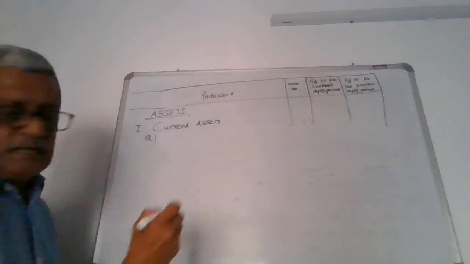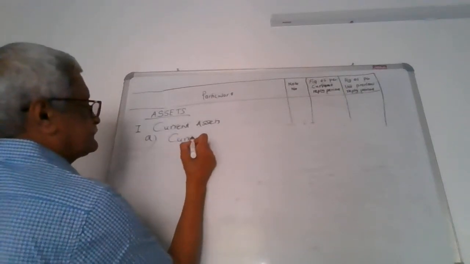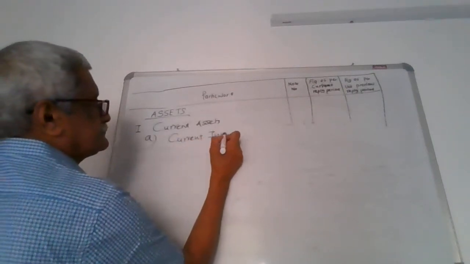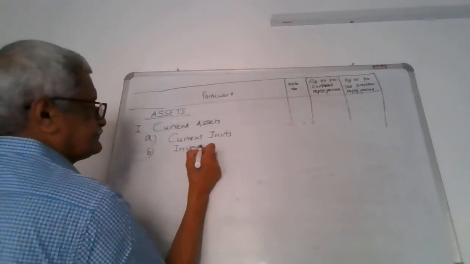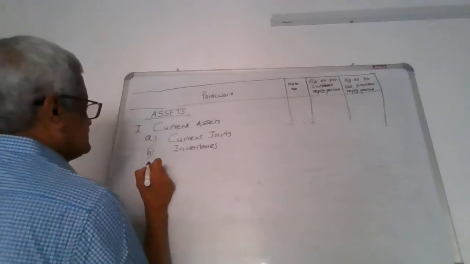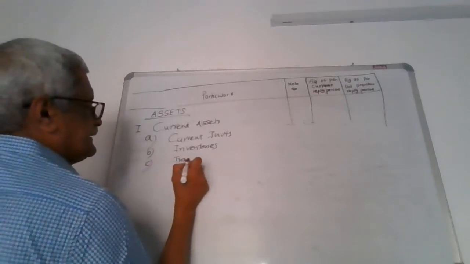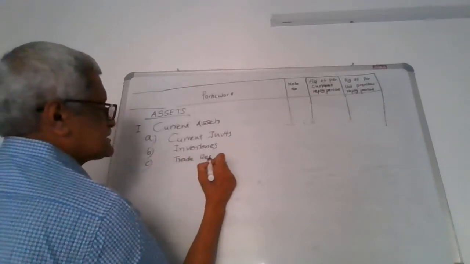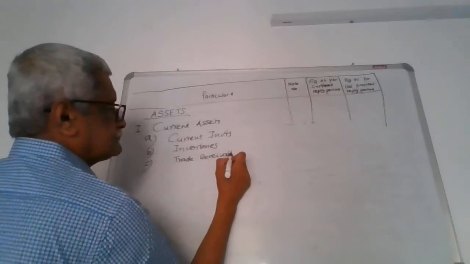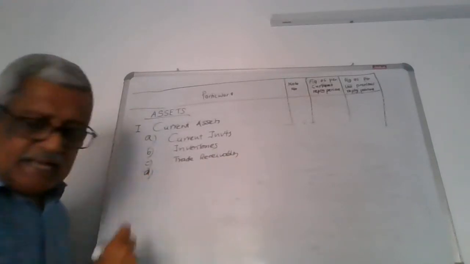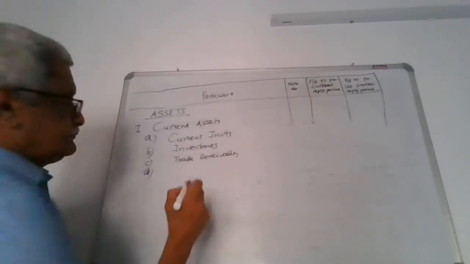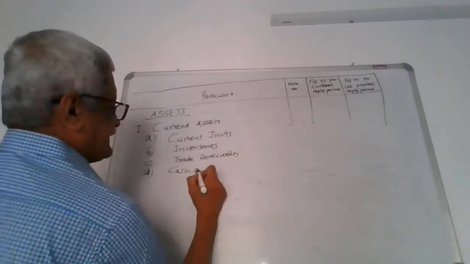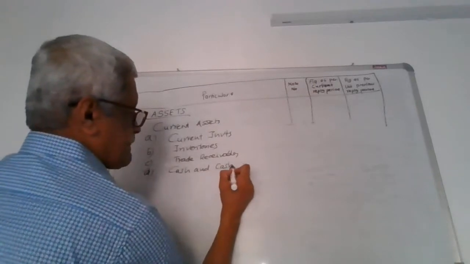Current assets: 1, we have current investment. 2, we have inventories. 3, we have trade receivables. 4, we have cash and cash equivalents.